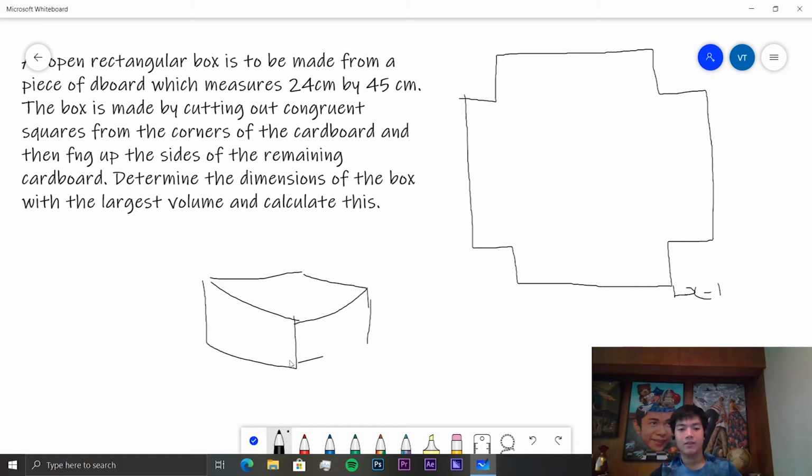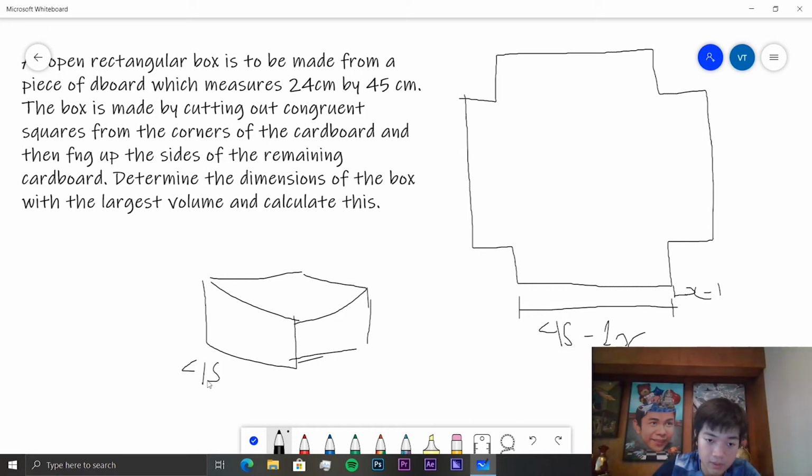It will have a width of this part, which is 45 minus 2x. It will have a length of 24 minus 2x.